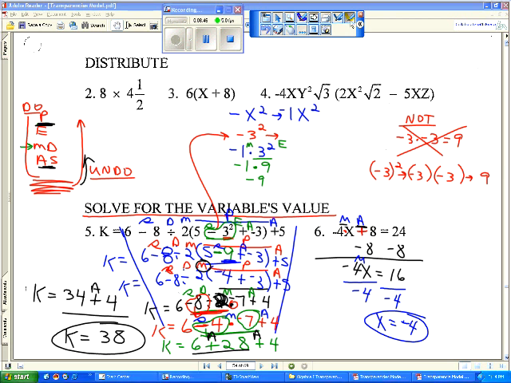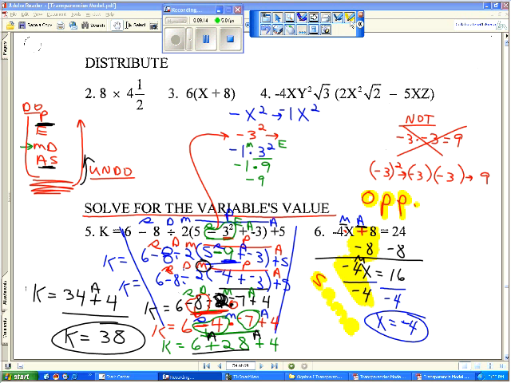One thing that's important to know here is that to get rid of addition and subtraction, you use opposite signs. To get rid of multiplication and division, you use the same sign. Any questions on number 5 or 6?